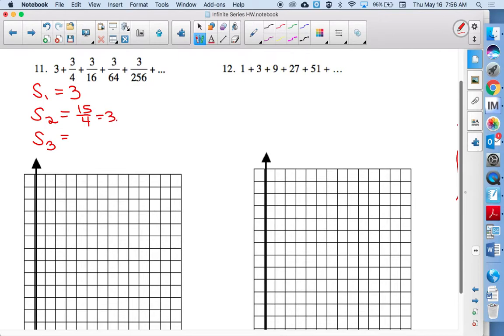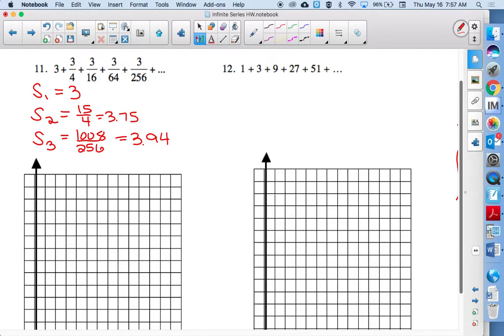I put it over 256. 1,008 over 256. So 1,008, she said, over 256. She's keeping the exact fraction. Emma, if you use a calculator on your desk, what is that as a decimal? 3.94.